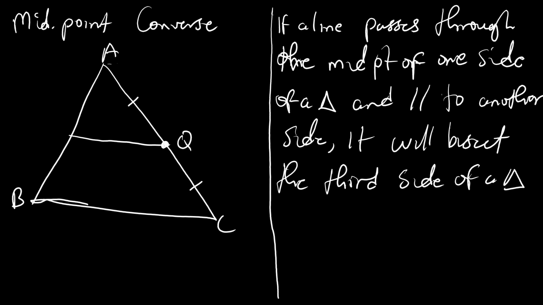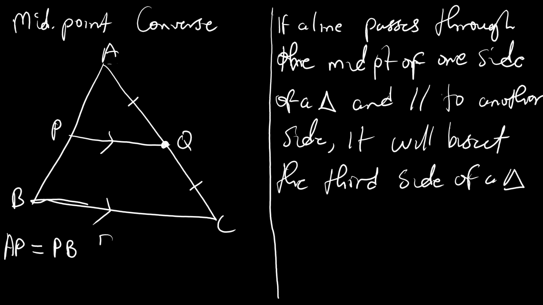And the line is parallel to another side, so this line is parallel to BC. This is the given information. That line will bisect the third side of the triangle. It means it will bisect AB. Let me call this P. So if PQ bisects AB, it automatically means that AP is equal to PB.